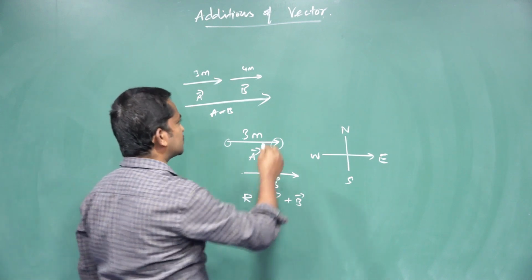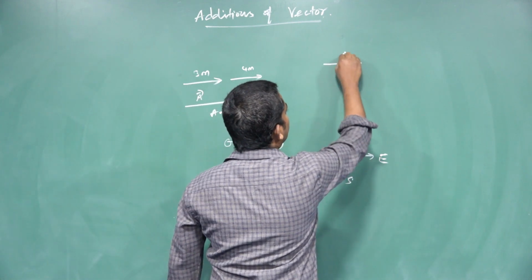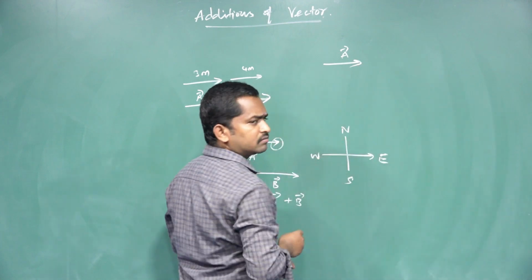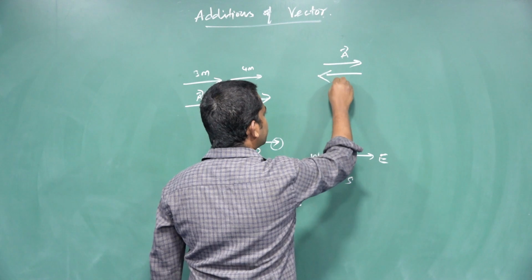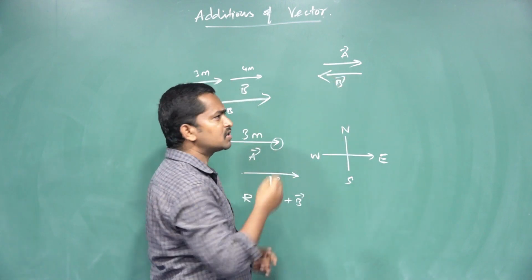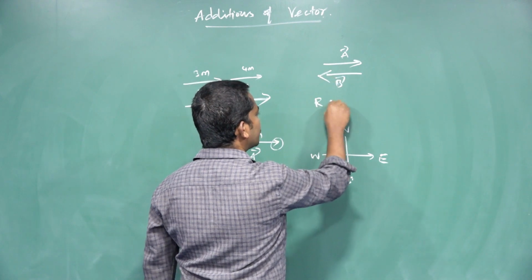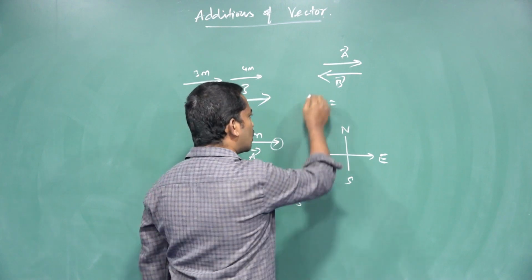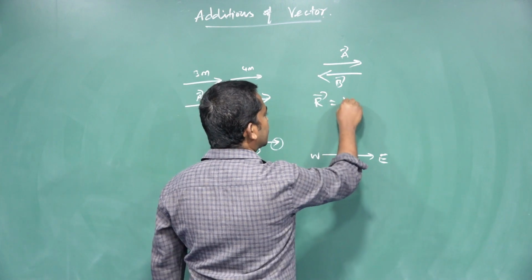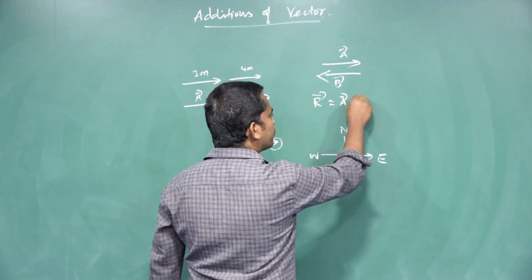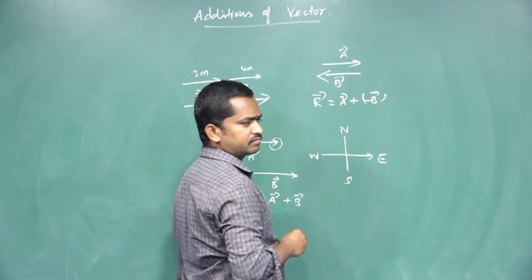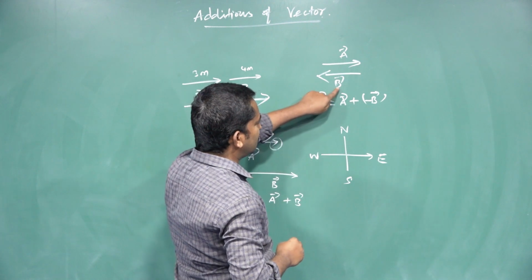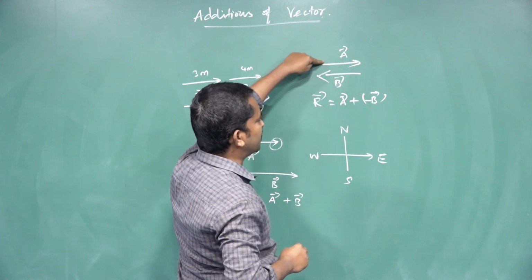Another example: this is A vector in the east direction, and another one is B vector in the west direction. What is the resultant vector? The resultant vector R is equal to A vector plus minus B vector, because the B vector is in the opposite direction of the A vector.